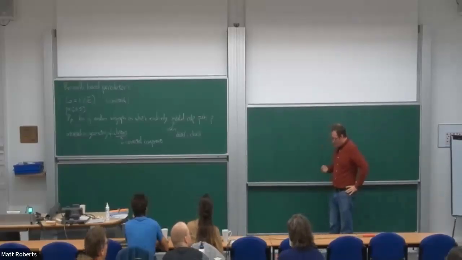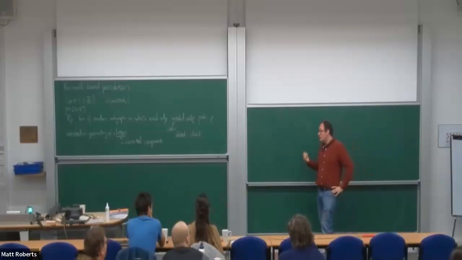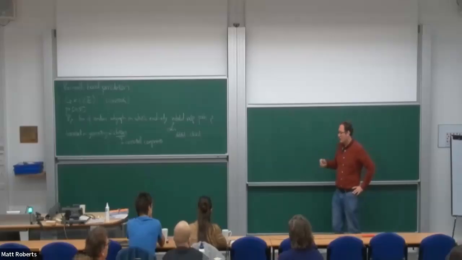So there are many things one can study in percolation. In this course, I'm going to be basically exclusively concerned with critical percolation. So I have to first define the critical point.